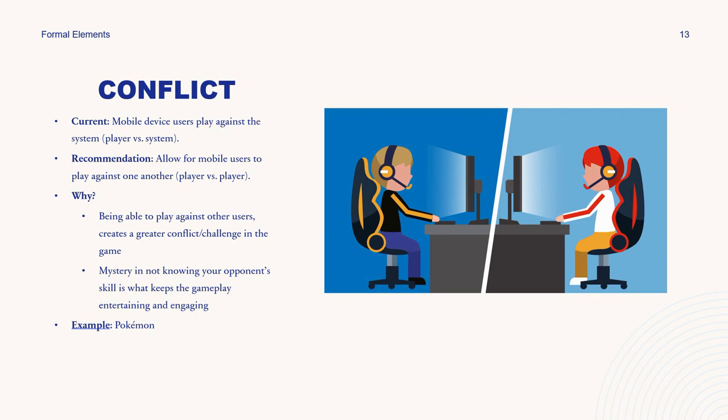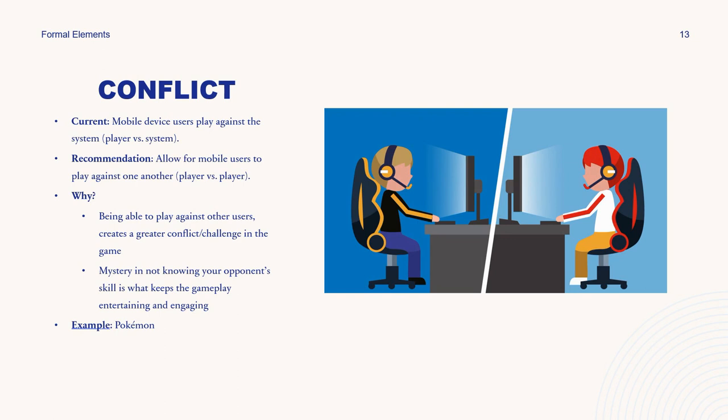So I think that this should be an improvement. So being able to allow mobile users to play against other players. Now, I did speak about this earlier in the player section, because this is available on the system side, so Xbox and PlayStation. But they went back from that, and they don't really allow it in the latest mobile games. And I think, again, that should be an improvement.